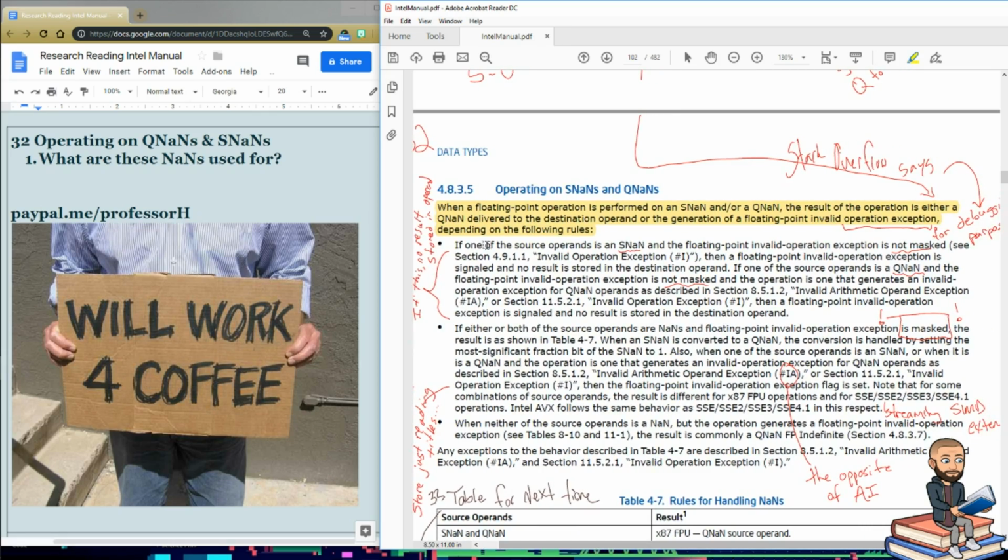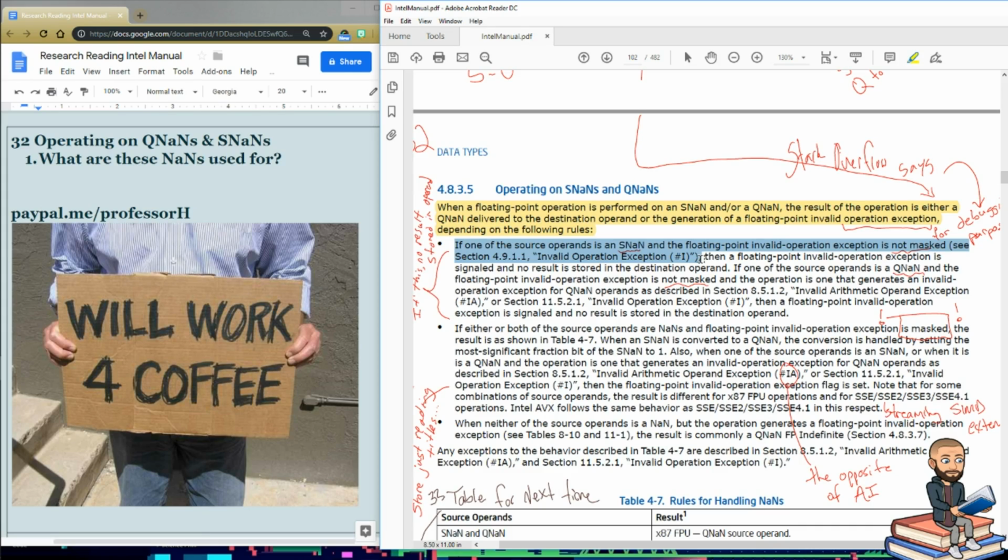So let's start in order. They say that if one of the source operands is an SNaN, okay? So source operand, SNaN, and the floating point invalid operation exception is not masked. You need to see section 4.9.11.1.1 to understand what they're saying there with the masking.